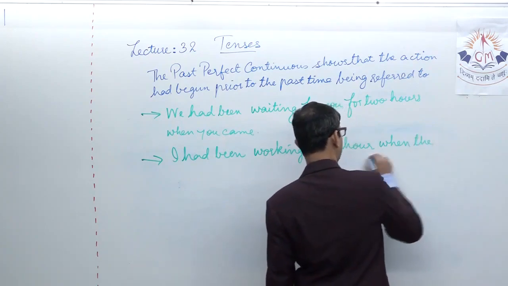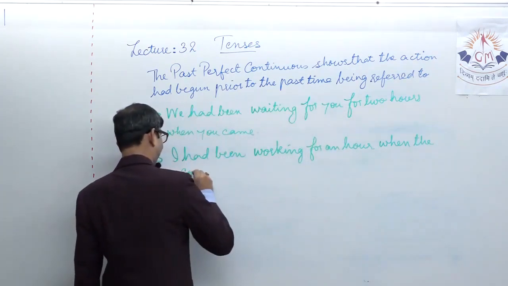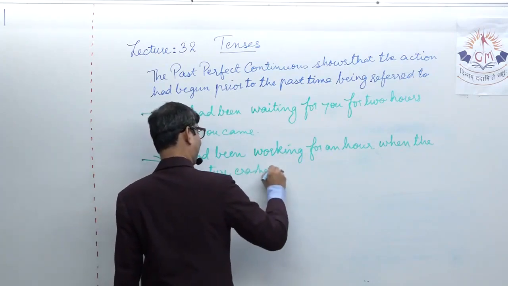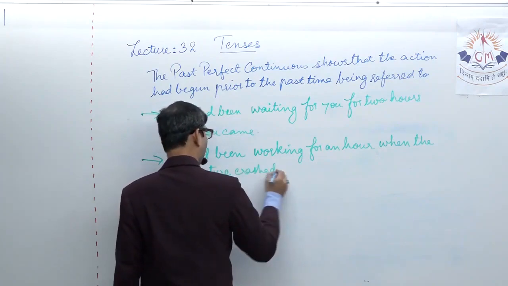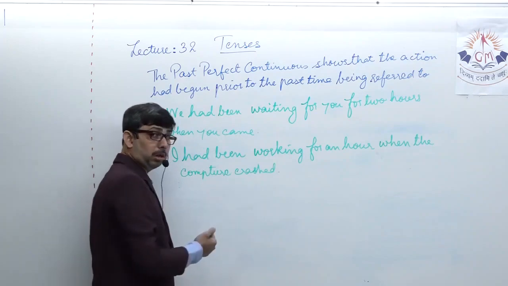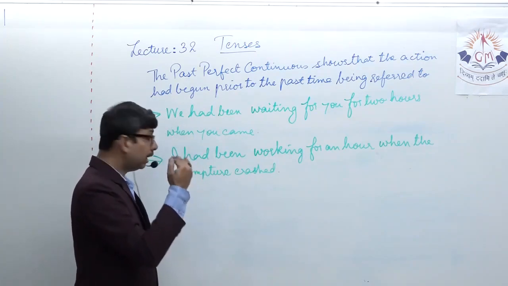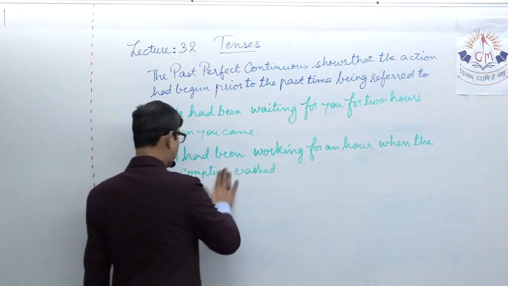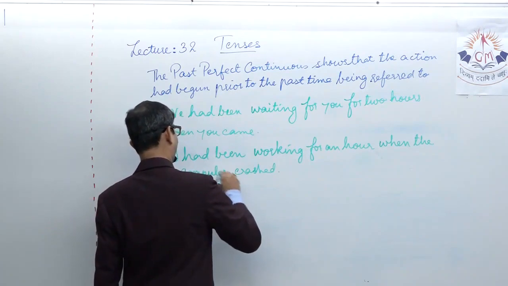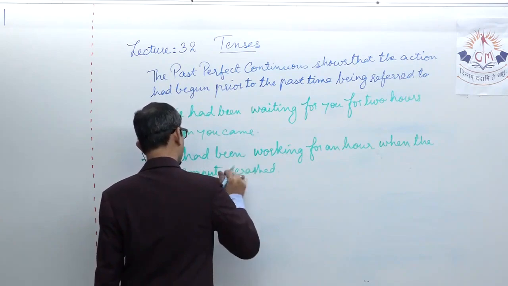When the computer crashed. So we can understand in this sentence that I had been working for an hour. My work started prior to the action of the computer crashing. So I was working at that time.